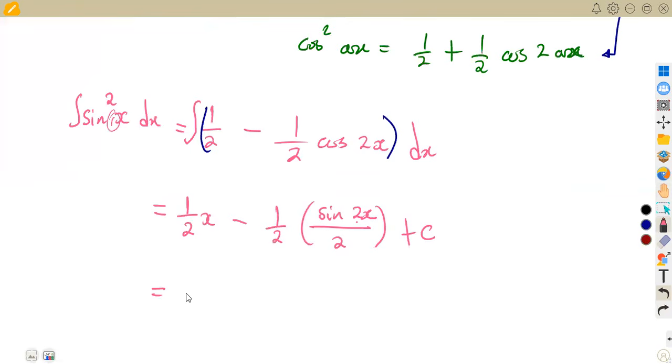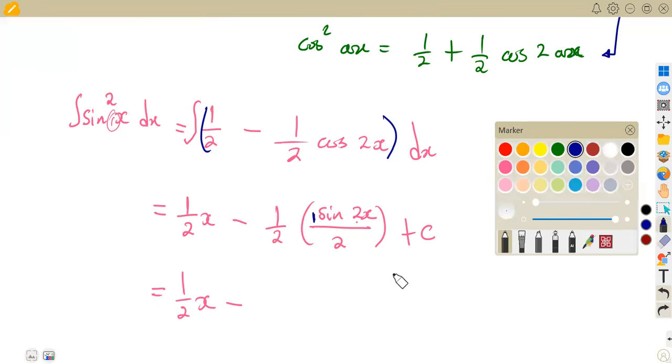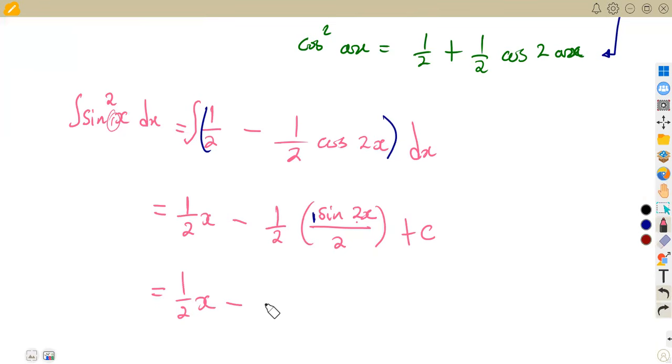This is going to give us half of x, minus, so here we are going to have 1 times sin 2x over 1. So it's 1 over 2 times 1 over 2, which is 1 over 4. So it's going to be minus 1 over 4, or just multiply the numerators together, which is going to be the sine of 2x, everything over 2 times 2, which is a 4, plus the constant of integration.